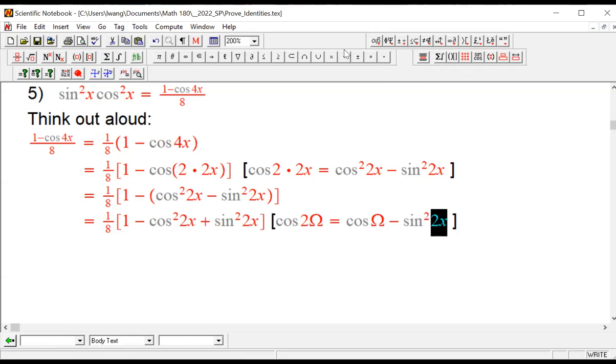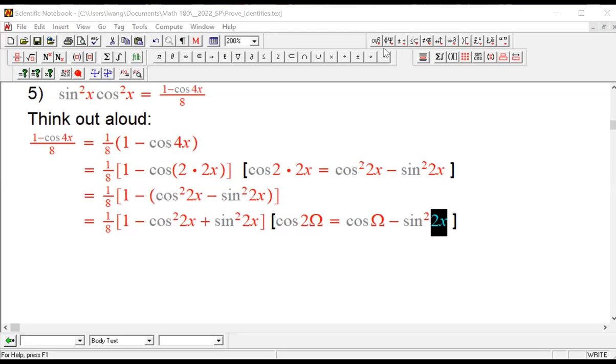Sorry about that. Okay, so that is my omega. Once we have that, maybe we can use this formula one more time. In other words, cosine squared 2x.